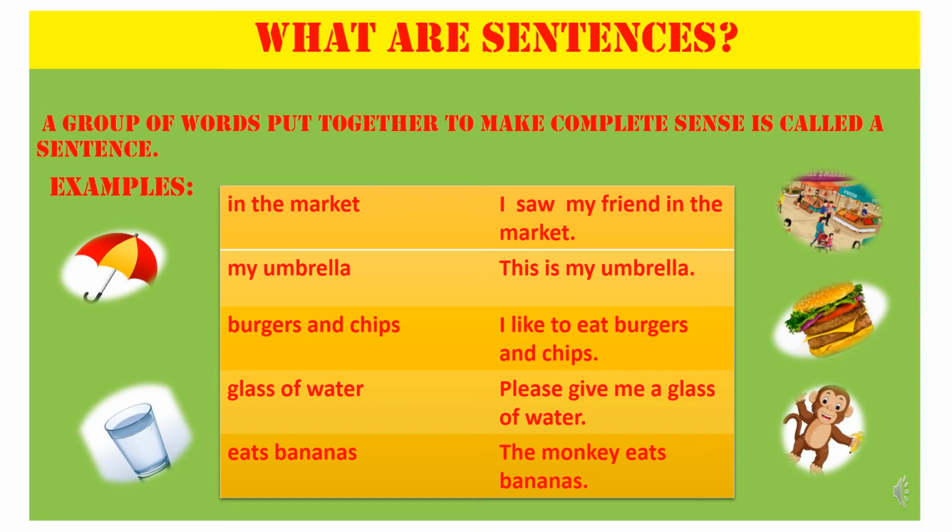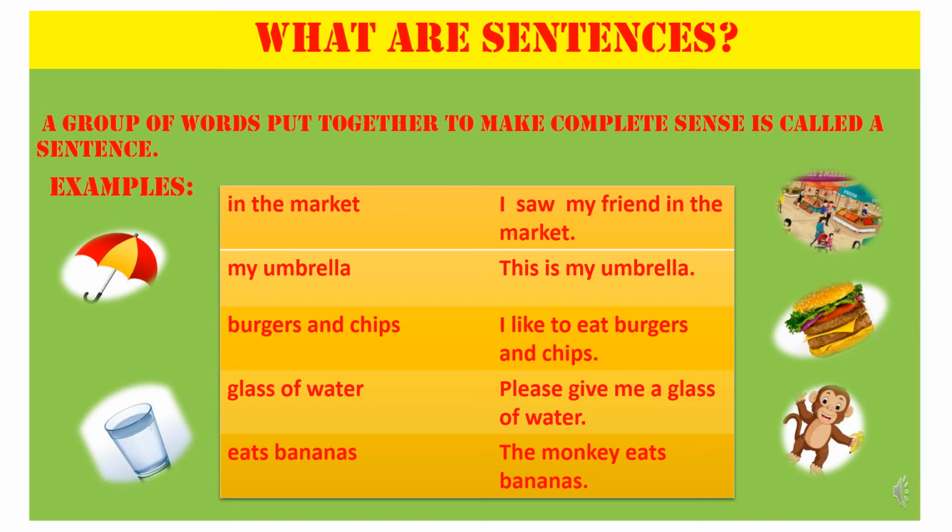Now, when I have put together the words in their correct places, then it is giving sense, telling us what I am trying to tell you about my umbrella. What I'm trying to tell you is that this is my umbrella. But if I simply say my umbrella, sorry, that is an incomplete sentence. That is not at all a sentence because it does not make sense.